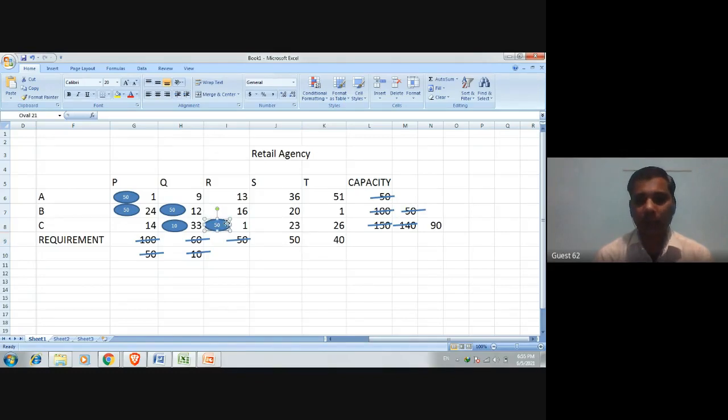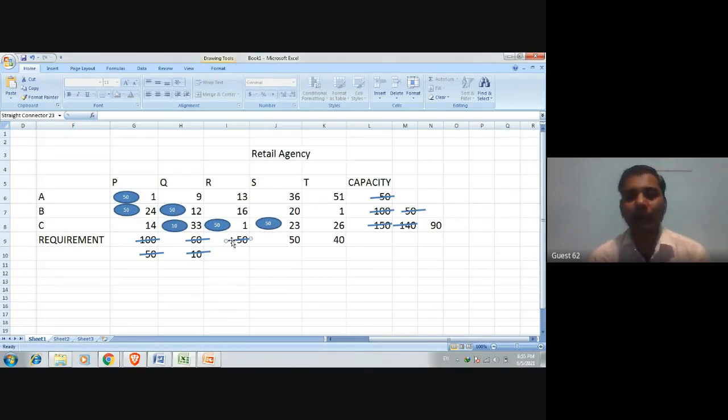So we will allocate these 50 units to the retail agency S. Now we will cross the requirement of S because it has been fulfilled.